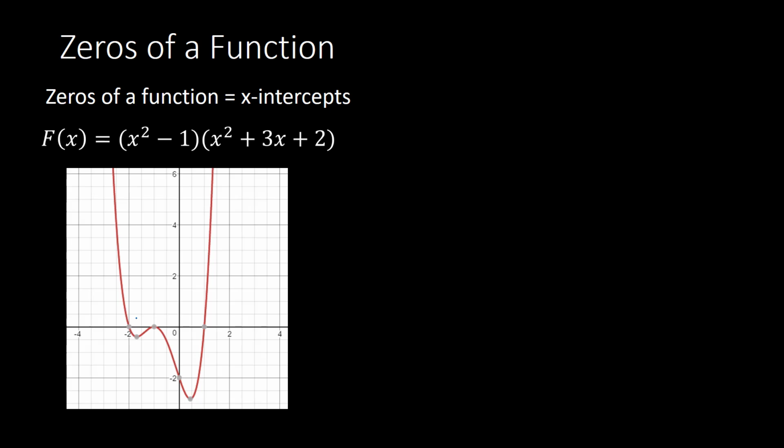So notice right here at this point, and then right here at this point. Those are all x-intercepts, or zeros of the function. And so we can find those zeros of the function by solving equations like we just did.